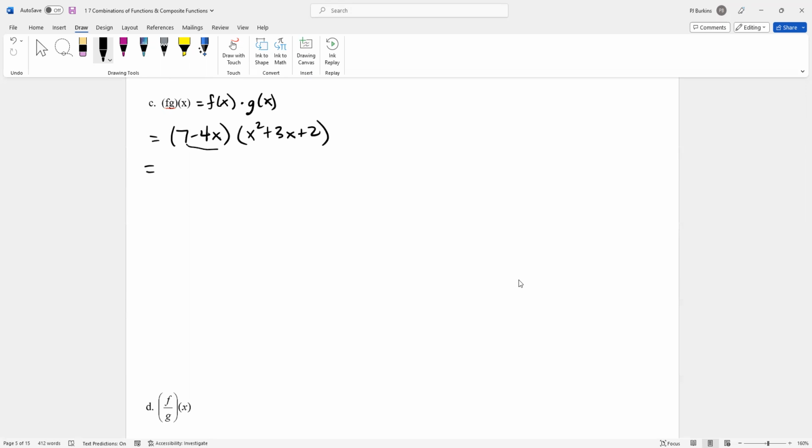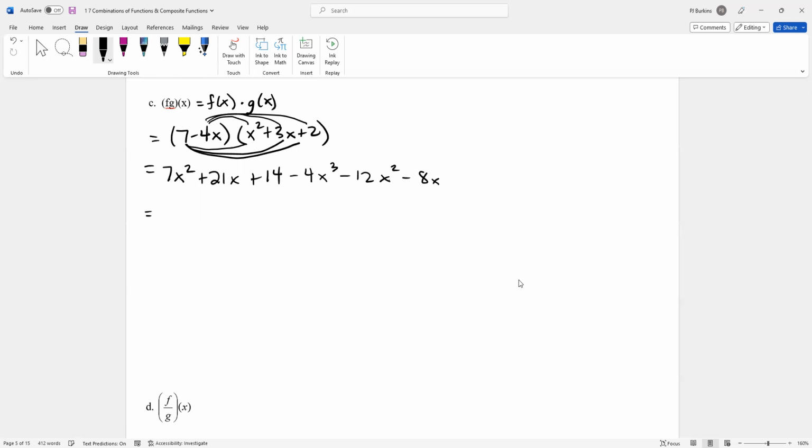Here we're going to need to multiply 7 by everything. So that would be 7x squared plus 21x plus 14. Then multiply the negative 4x by everything in here. So that's going to be minus 4x cubed, minus 12x squared, and minus 8x.